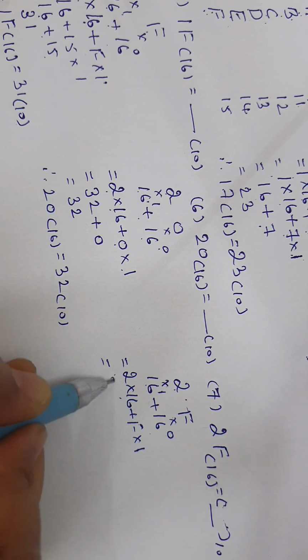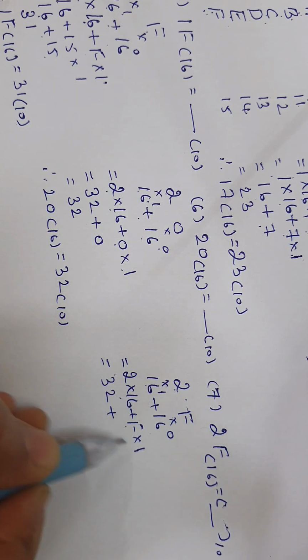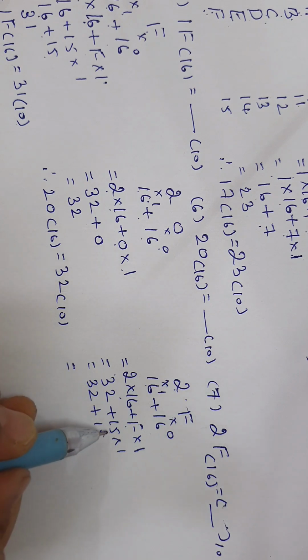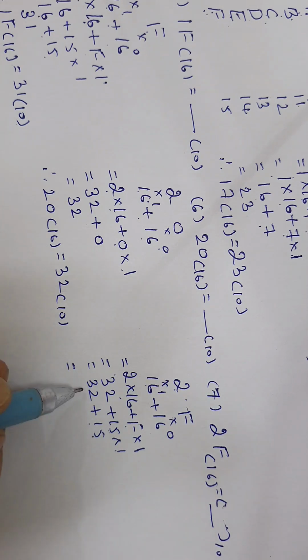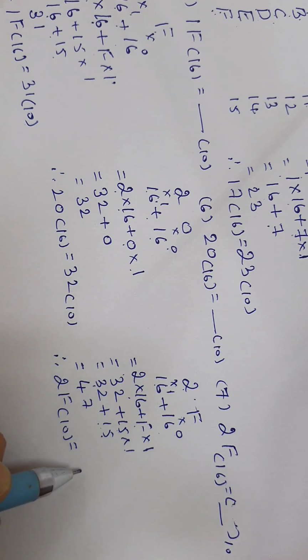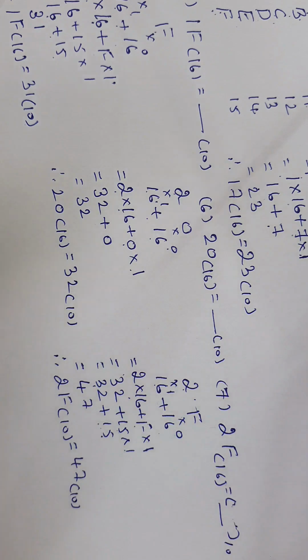So 2 16s are 32. Then f means 15 into 1. So 15 into 1 is 15. Now you will have to add this. 32 plus 15 is 47. Hence 2f in hex is equal to 47 in decimal.